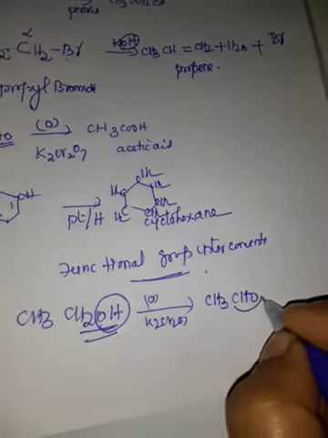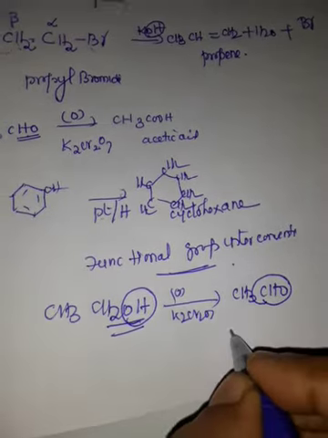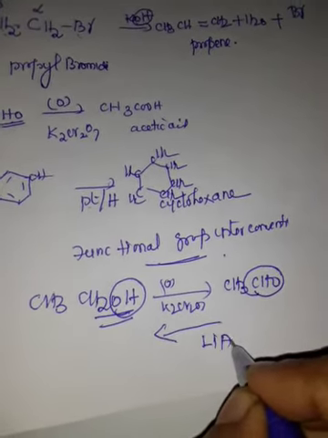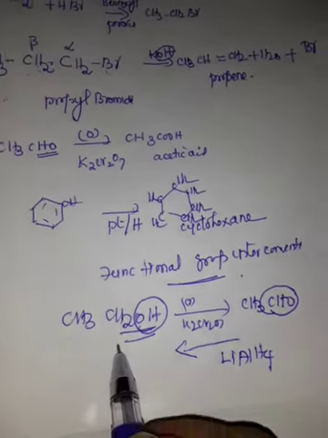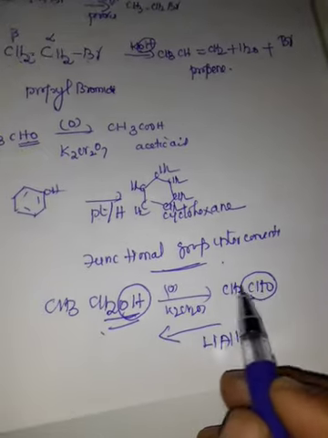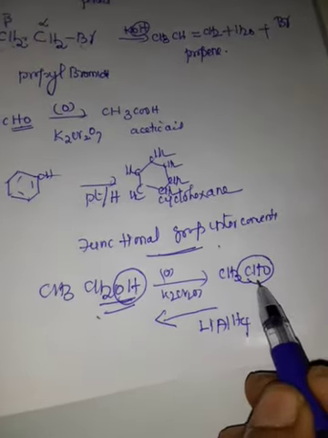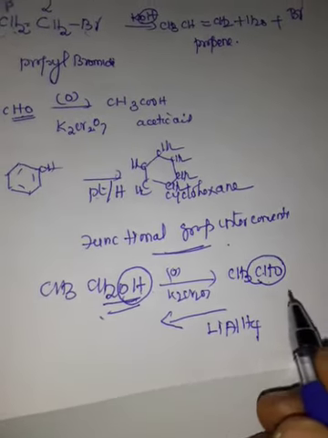Now the same reaction, when reduced in the presence of lithium aluminium hydride, the aldehyde group is converted to the alcoholic group. Oxidation, alcohol group converted to aldehyde group. On reduction, aldehyde group converted to alcoholic group.